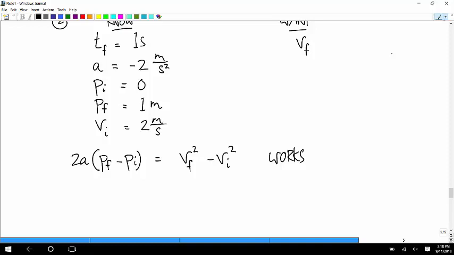Oh, yeah, it does. You're right. So let's use that one, actually, because it's easier. Yeah, always take the easy way. So v final is equal to v initial plus a t final.